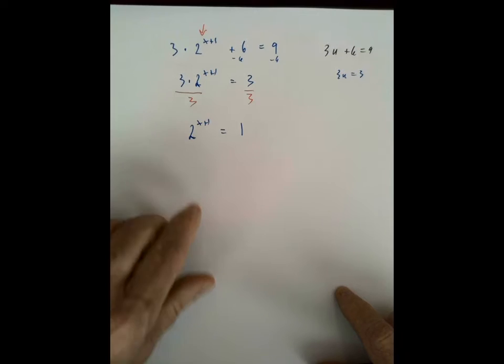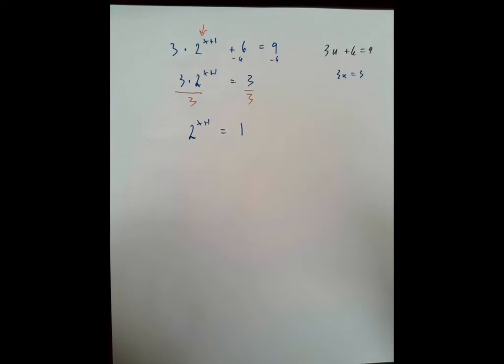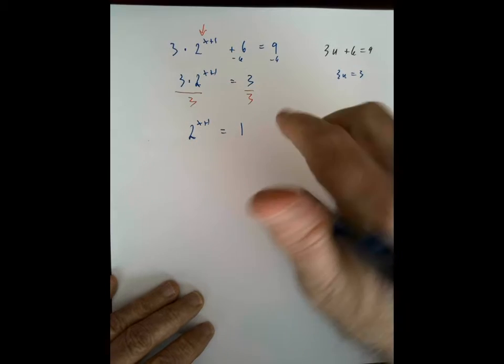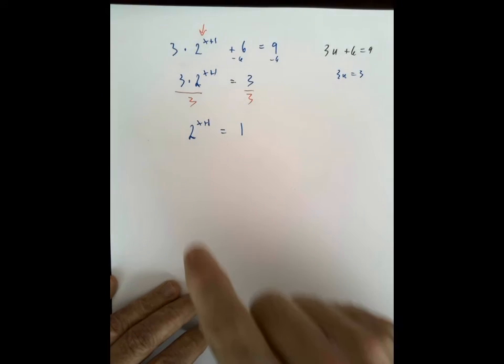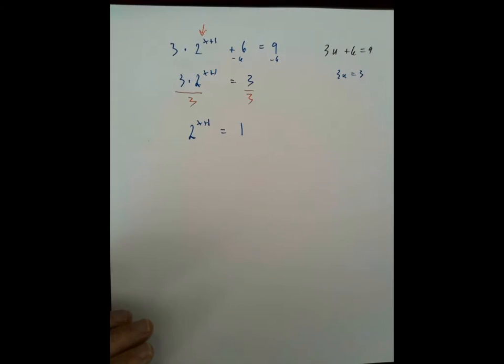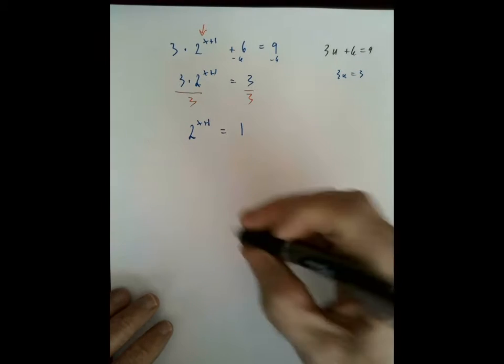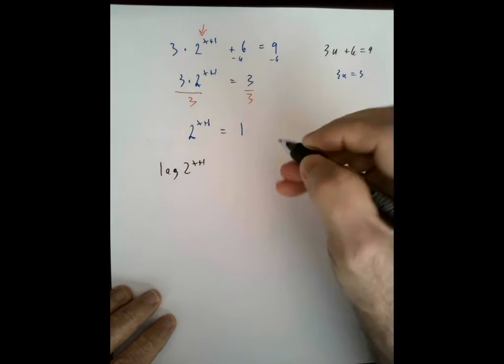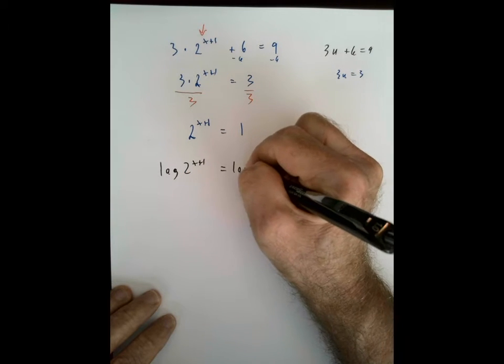Now, we didn't have to do that in the previous examples, but we had to do that here because we always want to isolate this exponential part. Now what we do is we log both sides. So now we log here: log 2 to the x plus 1 is equal to log 1.